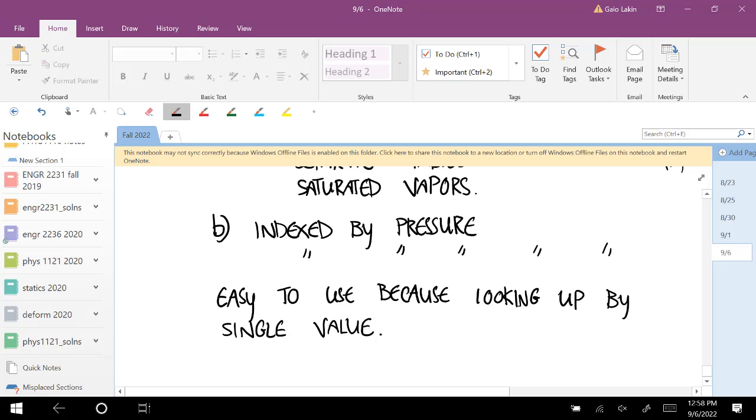And the nice thing is that for engineering applications, most of the properties that you're looking up are for saturation states, because that phase change region is really where you always want things to be.